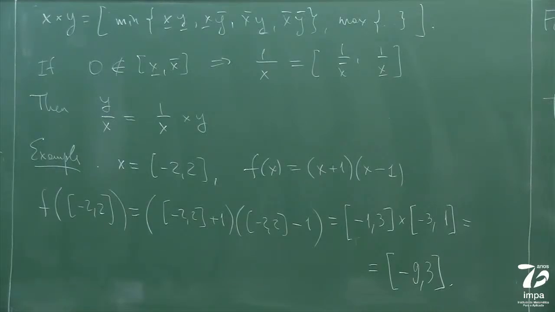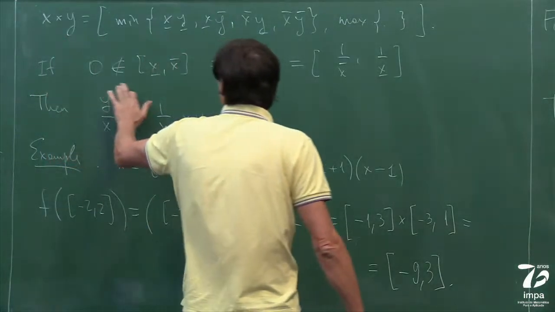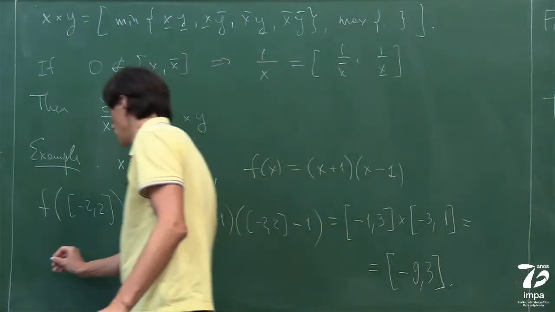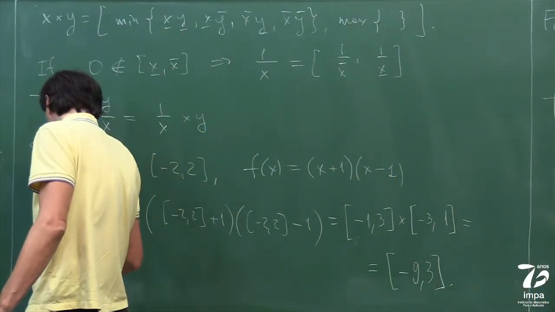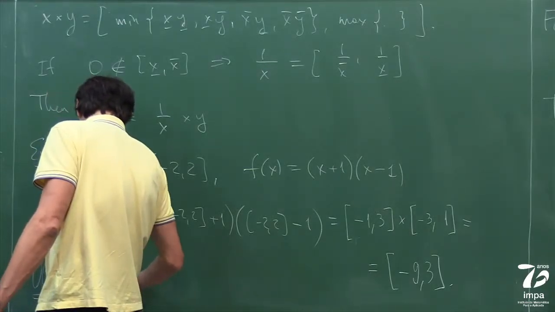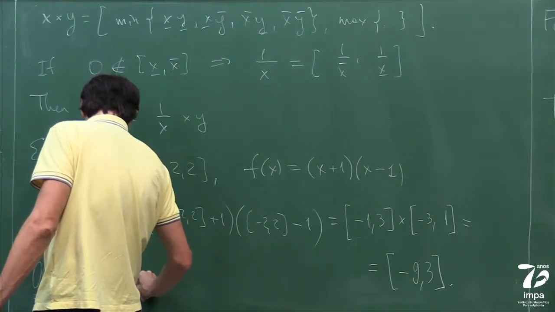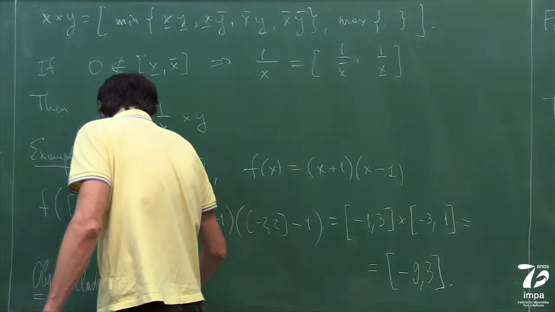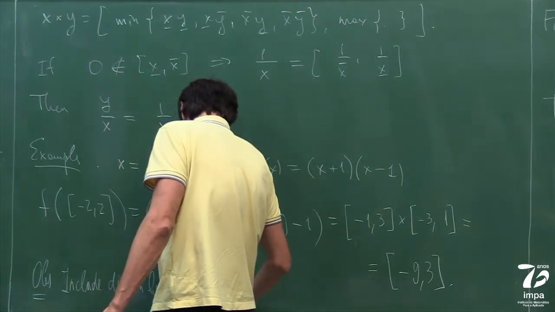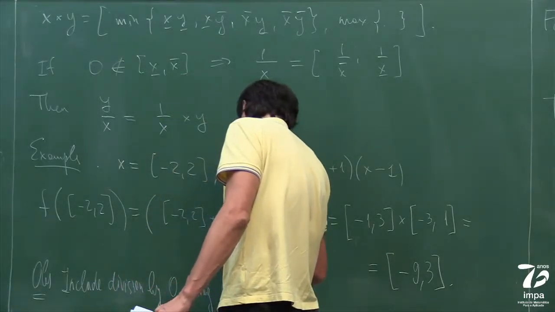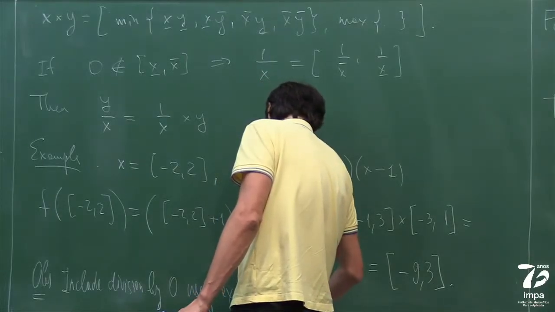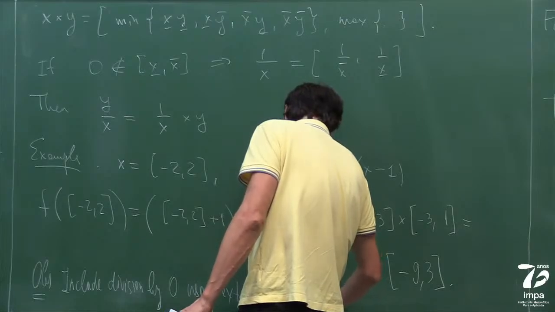And of course, this is putting 0 inside the interval. It's also not a big problem, because then you can also include division by 0 using extra numbers, which are plus and minus infinity.